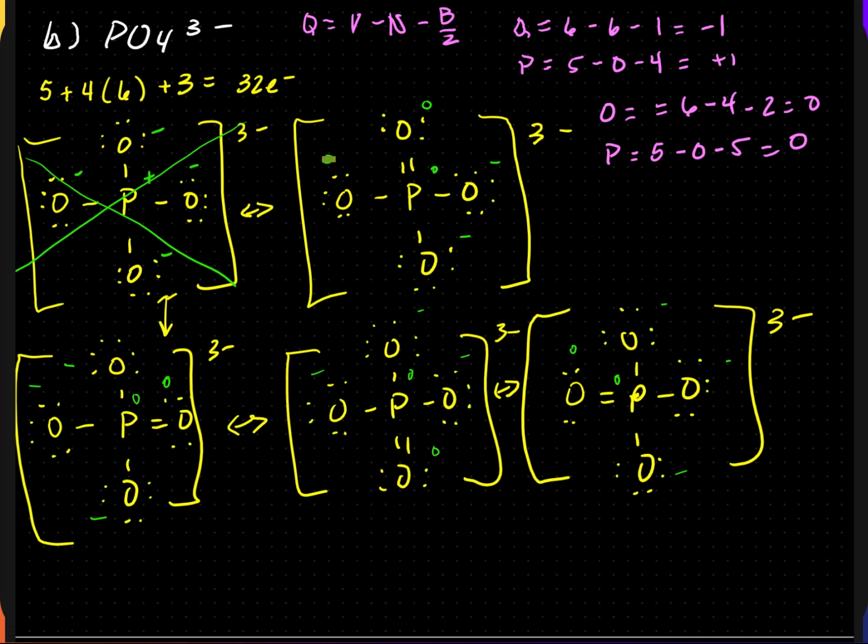So for PO4 3-, this structure is not going to be likely because the other 4 structures are at 0. And if you put in a triple bond, you're going to see that the formal charges are going to be greater than 0. These 4 structures are the most stable structures for PO4 3-.